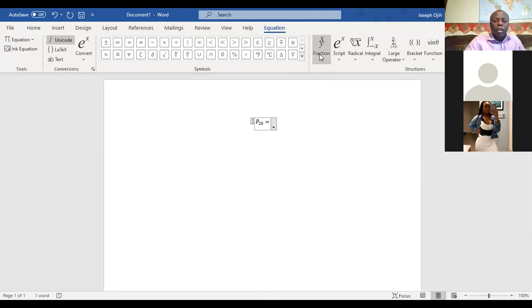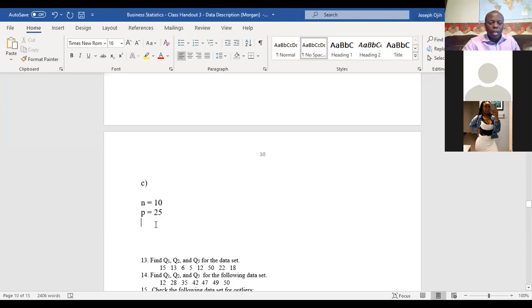See, we get n times p over 100. So notice that here is P25. So that will give us equals. Our question says that our n is 10.